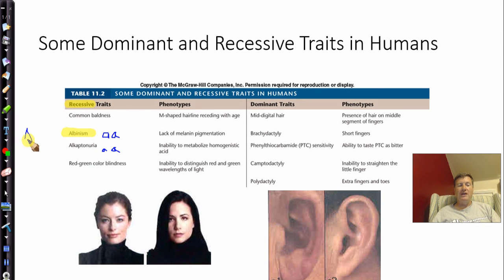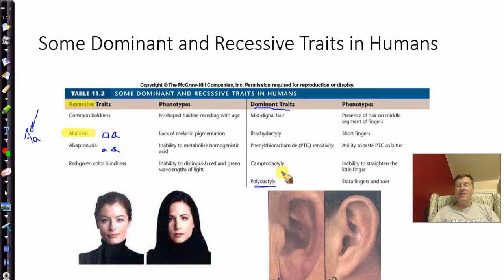If you have a big A and a little a, then you don't have the trait because the dominant allele controls the appearance. Now, over here is kind of the opposite scenario in some ways. Polydactyly. This is an interesting condition where you may have 6 fingers or 6 toes. Polydactyly is a dominant trait.